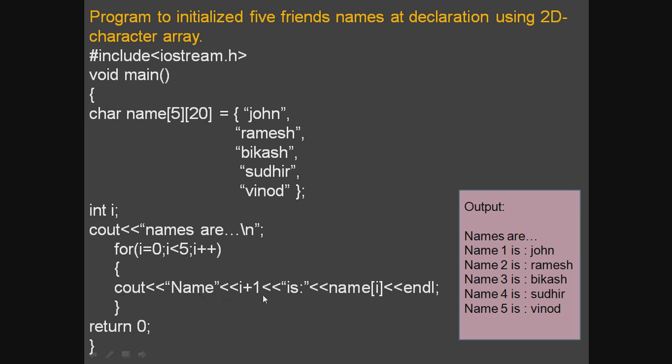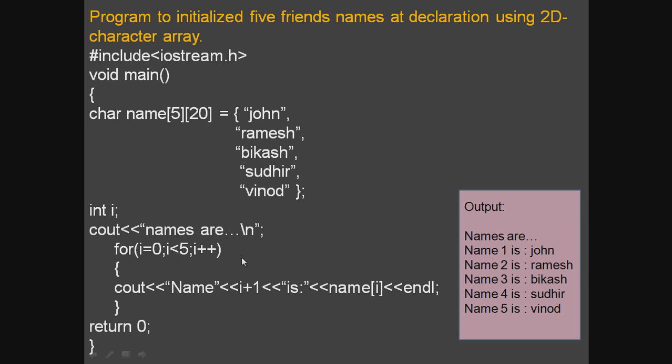So name, okay, i plus 1, 0 plus 1, so that makes it 1, that is name 1, and then within double quotes is colon, so it comes out here, and then name[i], so name[0], and what value is stored in name[0], this one, right? So it comes out John, right?